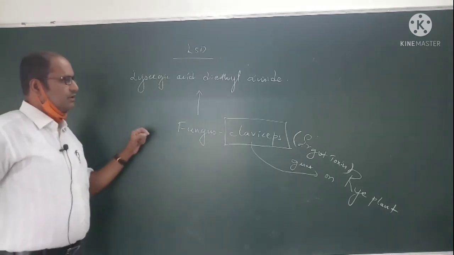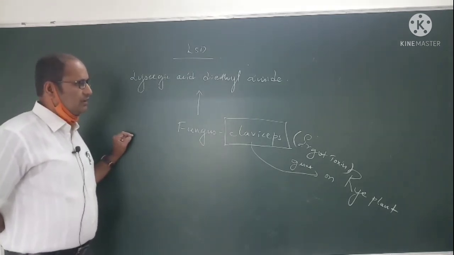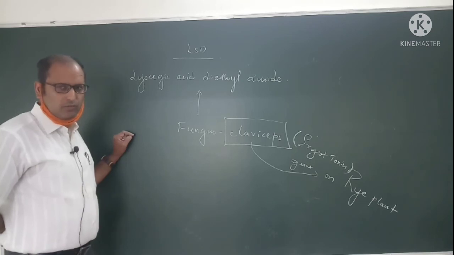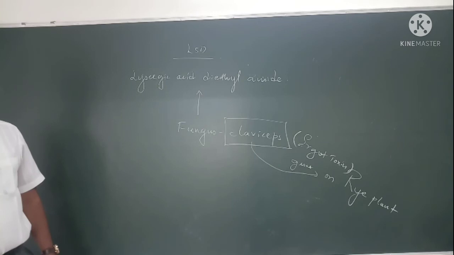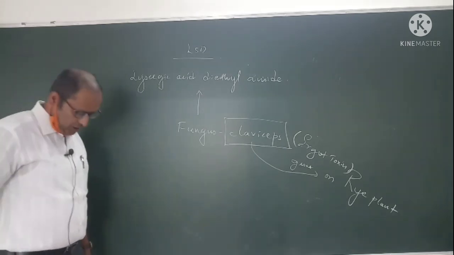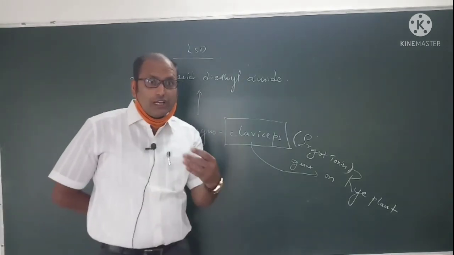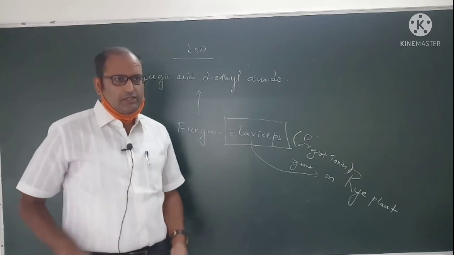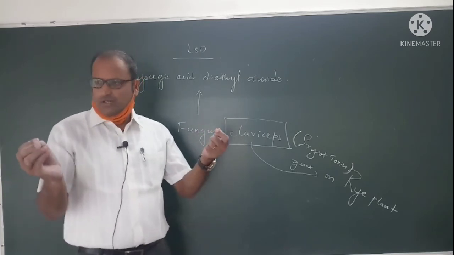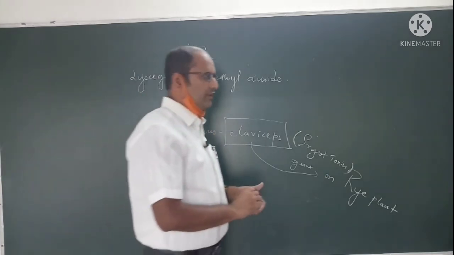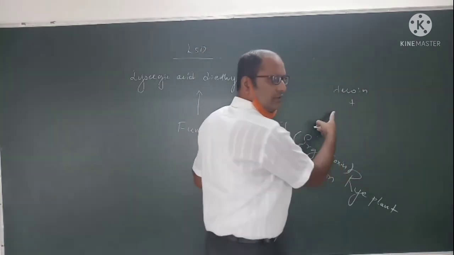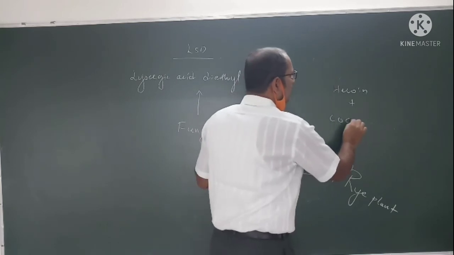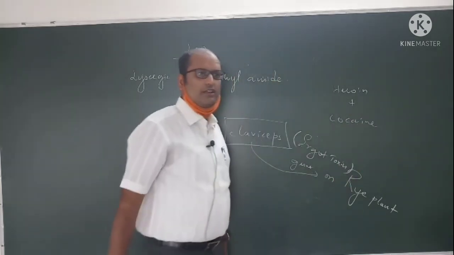Okay, so we almost completed this narcotic drugs. Probably you'll be knowing the cocktail and all. Cocktail means that they will mix this drug and that drug, for example, heroin and cocaine.